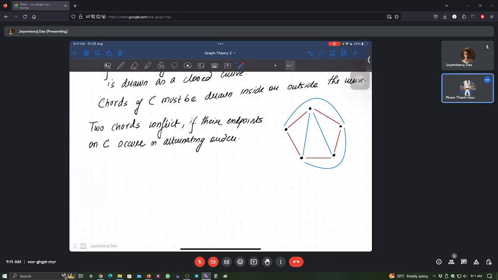To call it a conflict, that means they cross. If their endpoints on C occur in alternating order, right?